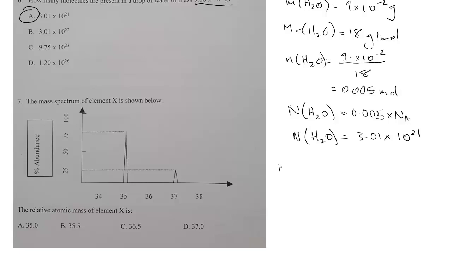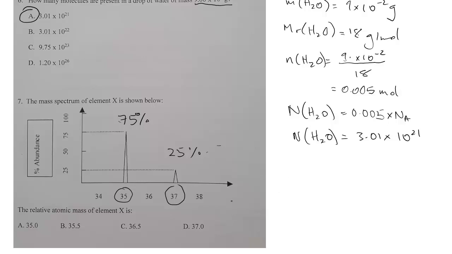Alright, so question 7. In question 7 we are finding the relative atomic mass of element X. We're told that there's 75% of this in abundance and 25% of this, and we're also given the relative isotopic masses.